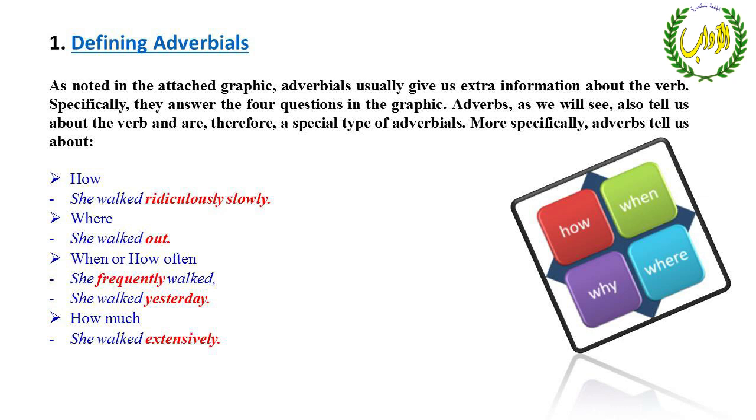More specifically, adverbs tell us how, as in she walked ridiculously slowly, where, as in she walked out, when or how often, as in she frequently walked, or she walked yesterday, or how much, as in she walked extensively.